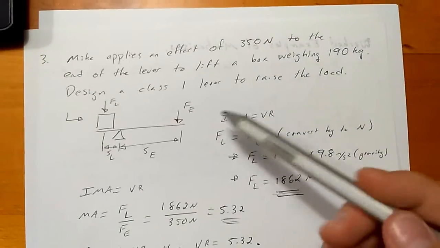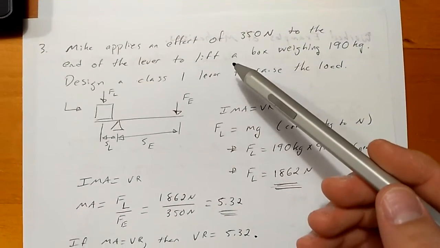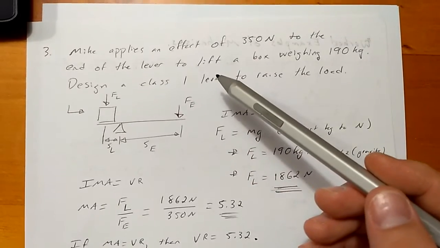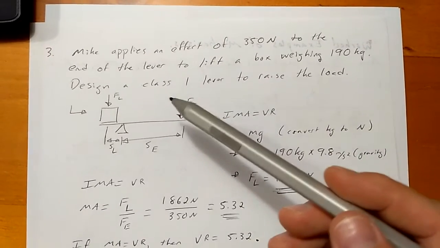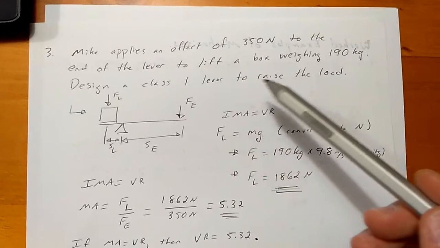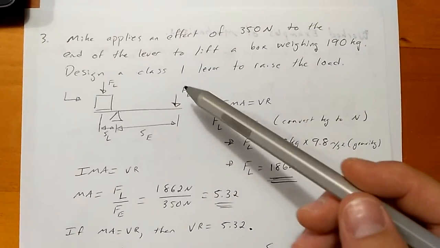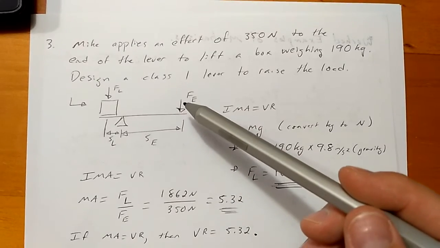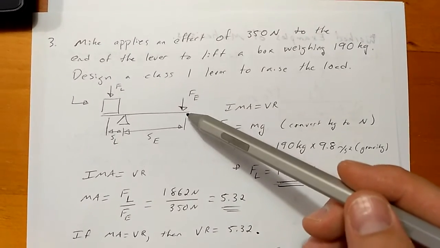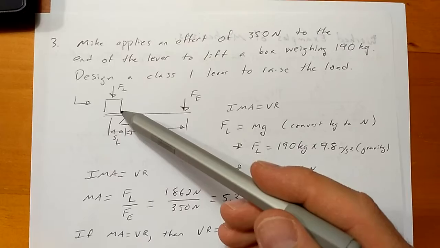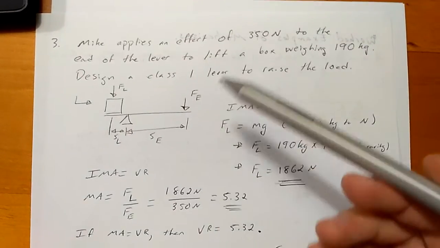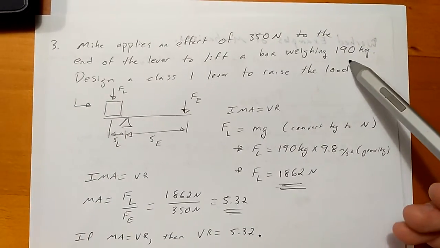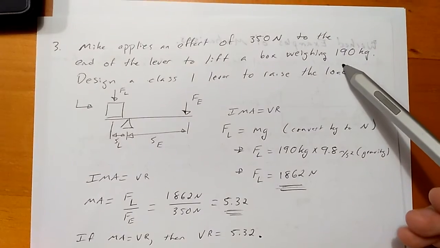Okay. Mike applies an effort of 350 newtons to the end of the lever to lift a box weighing 190 kilograms. Design a class 1 lever to raise the load. Alrighty. So we need to design a lever that can apply a 350 newton effort to raise a 190 kilogram load. Now the first thing you must realize is that kilograms is not a force.